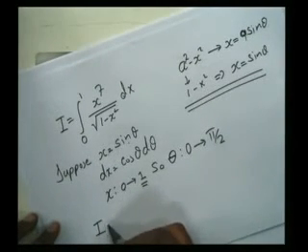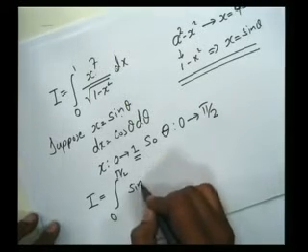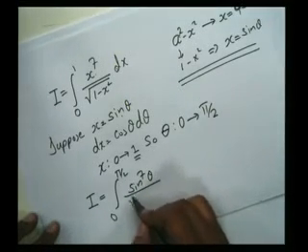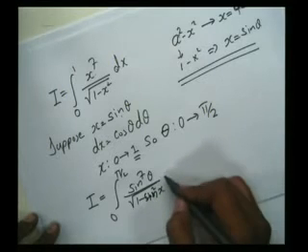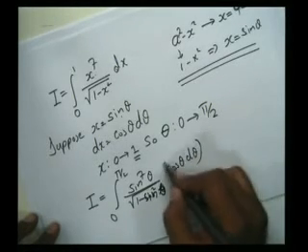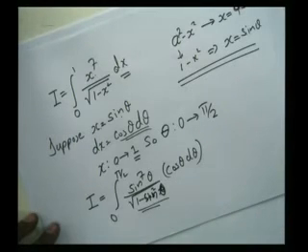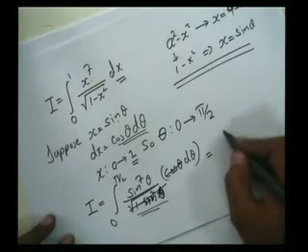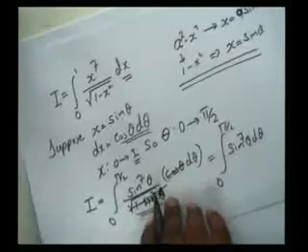That's why this integration is now integration 0 to pi by 2, with x equal to sin theta, sin raised to 7 theta divided by square root 1 minus sin square theta, into dx equal to cos theta d theta. 1 minus sin square theta equal to cos square theta, so the square root of cos square theta is cos theta, and this is cancelled with cos theta, and we have integral 0 to pi by 2 sine raised to 7 theta d theta.